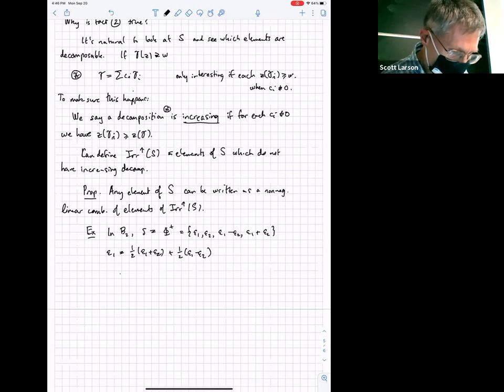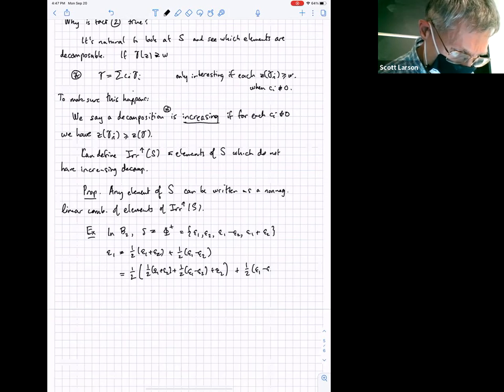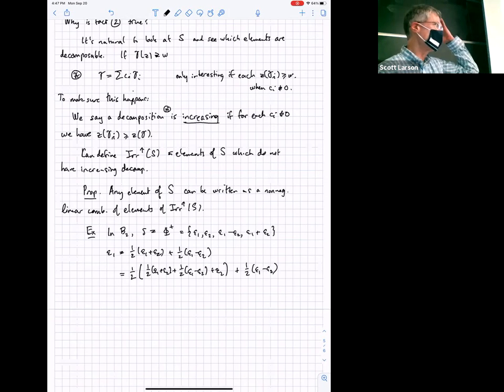Now you could try and keep decomposing. I could say this is 1/2 (epsilon 1 plus epsilon 2) plus 1/2 (epsilon 1 minus epsilon 2) plus epsilon 2 plus 1/2 (epsilon 1 minus epsilon 2). So you've made a bad choice, and if you keep going this way, you can iterate this process forever, so it doesn't terminate. Of course we can get around this in this particular example.